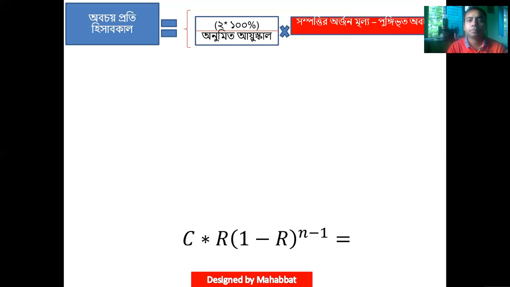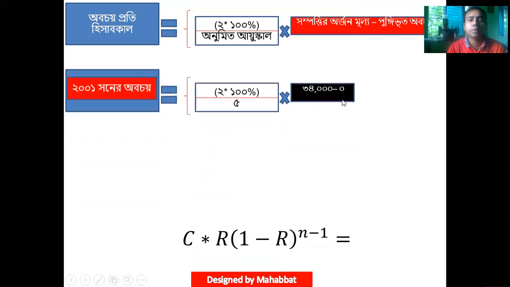So by using this formula, the depreciation for 2001 will be 2 into 100% divided by 5, into 34,000 minus 0, that means 0. And the respective depreciation will be 13,600.